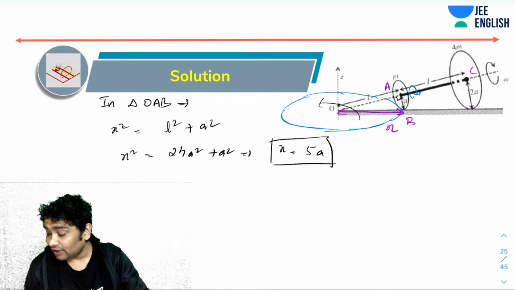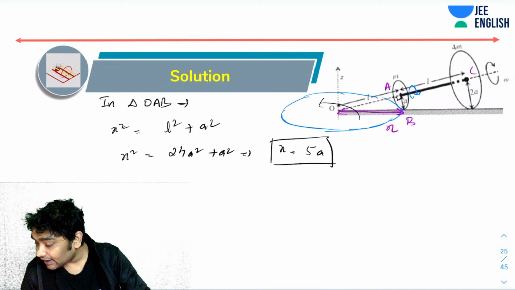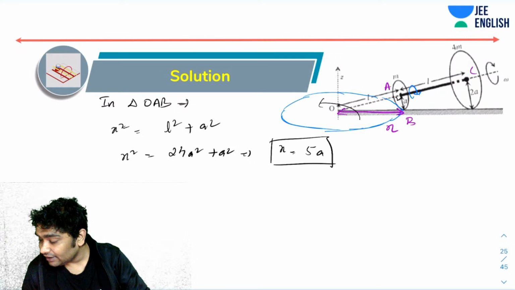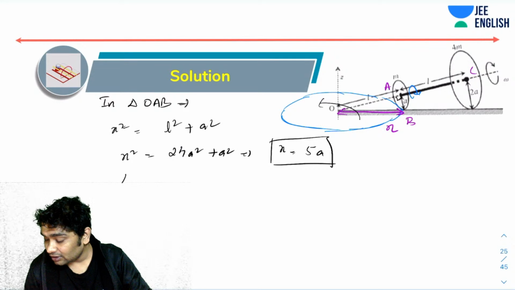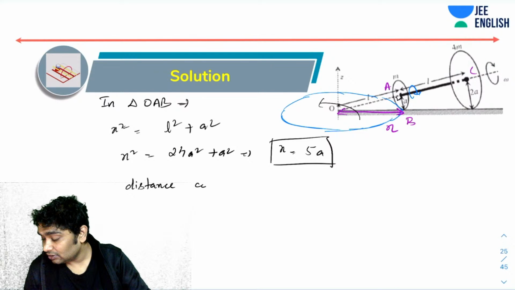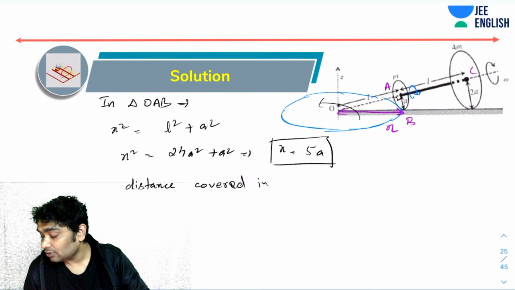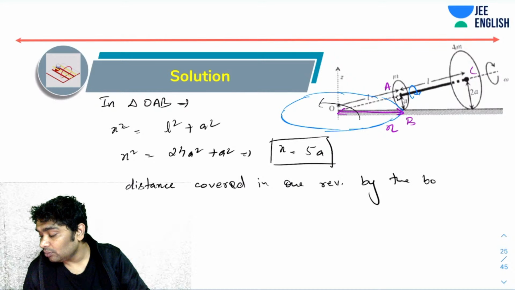The distance traveled, in one circle, can I say that the distance traveled is the length of the path, or the distance covered in one revolution by the bottommost point?